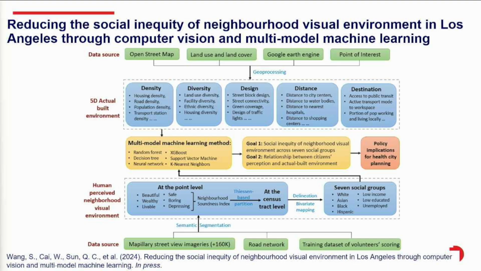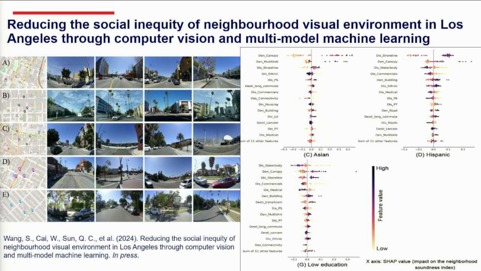And then we can show maps of different streets, the distribution of the perception of the 6 parameters. And we try to understand the relationship between the building form indicators and how that contributed to how people feel.